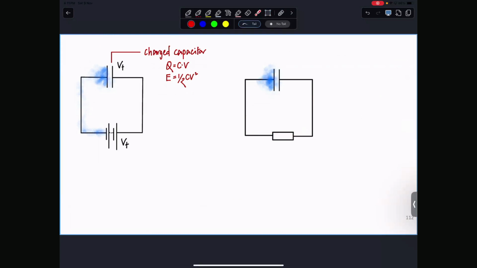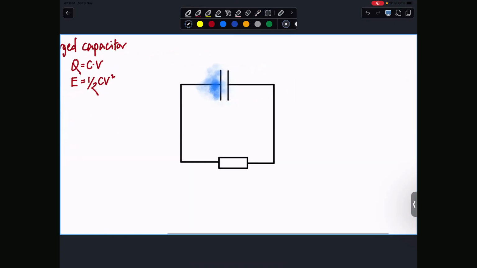Now we found that while it's discharging, there are a couple of things that happen. Number one, there's a potential difference provided by your battery or your capacitor, right? Unlike a normal battery, when a capacitor discharges, what happens to the voltage? Decreases.